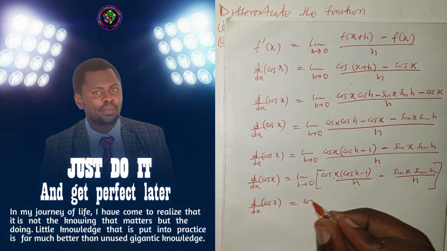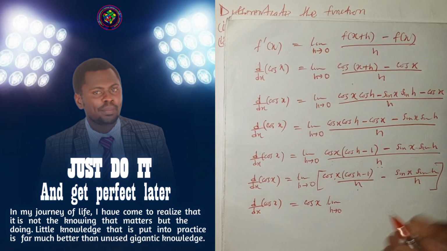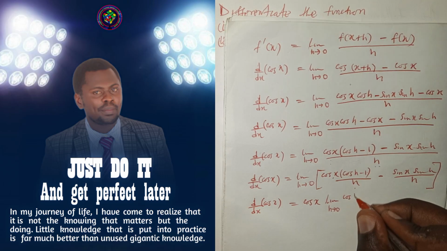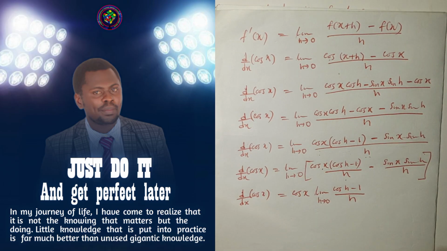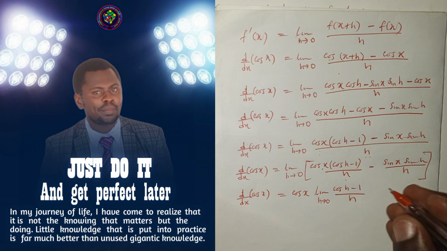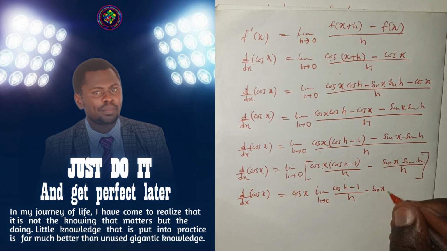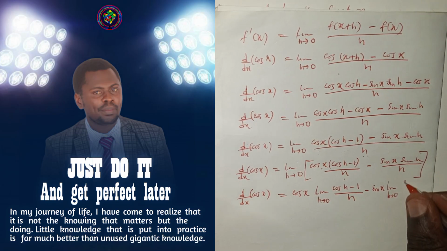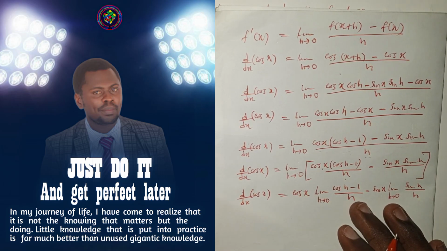So it will be cos x, then the limit as h approaches 0 of cos h minus 1 over h. Even here, the sin x doesn't have an h, so it will be outside the limit. So minus sin x, then the limit as h approaches 0 of sin h over h.